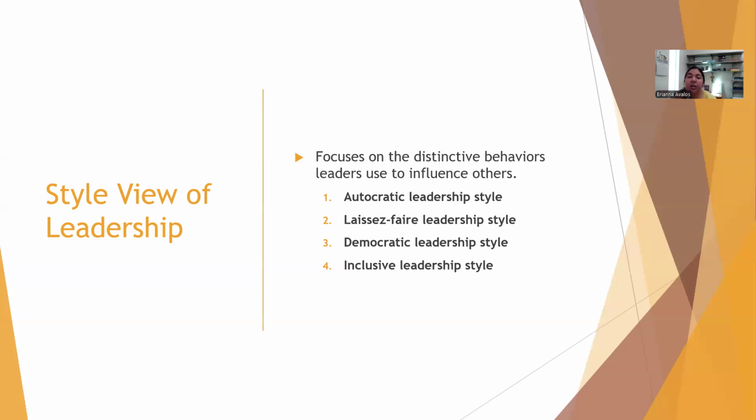Now, with the inclusive leadership style, very similar. We're still encouraging input, we're still soliciting feedback, but as a leader, you need to focus on the 4 R's. Now, the 4 R's here are respect, recognition, responsiveness, and responsibility. When you're focusing on these 4 R's and you're trying to be inclusive, you're going to be able to help anybody with whatever is going on.